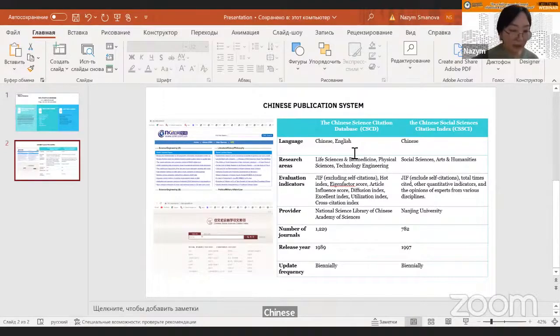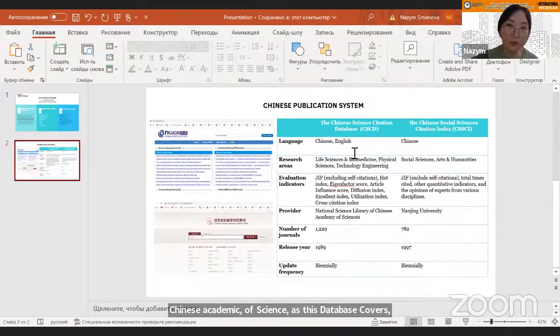This database covers more than 1,200 top academic journals in the field of natural sciences, including engineering, mathematics, physics, chemistry, life, and earth sciences.